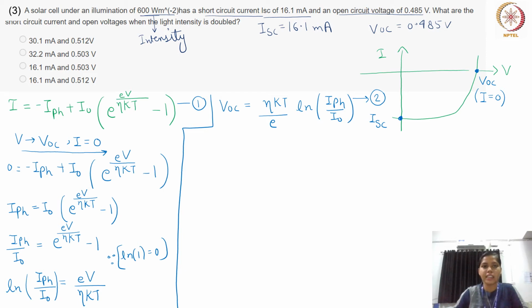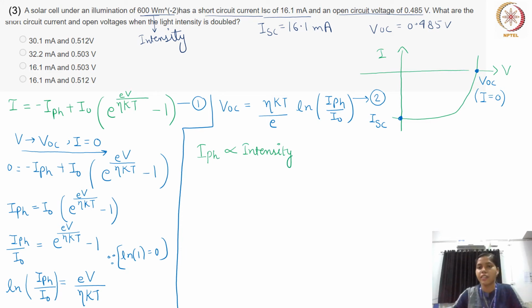Now if the intensity of the light is doubled, first we need to see how this photo generated current is related to the intensity. So this photo generated current is directly proportional to the intensity of light. How?